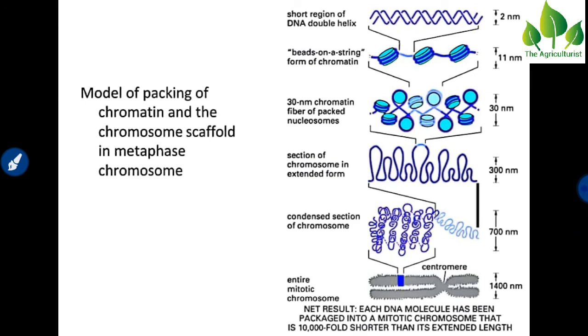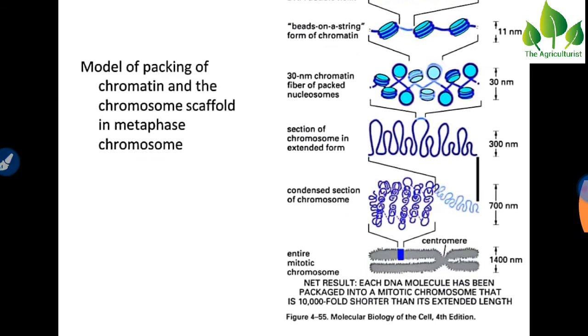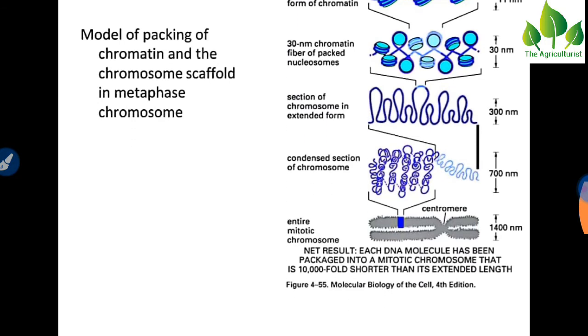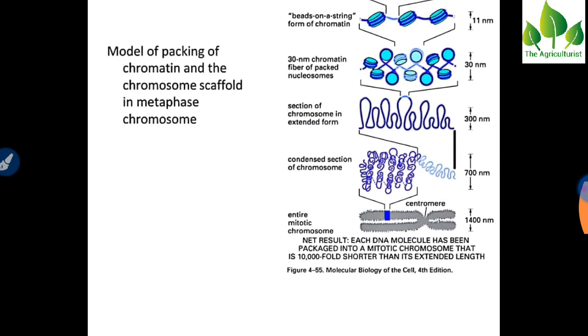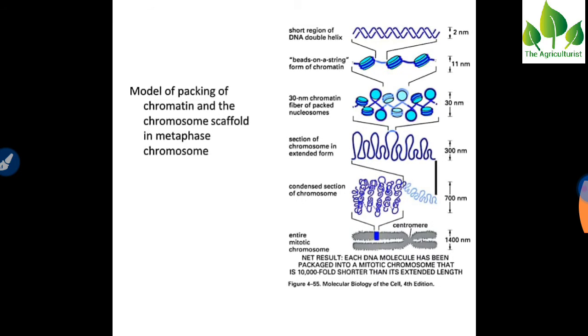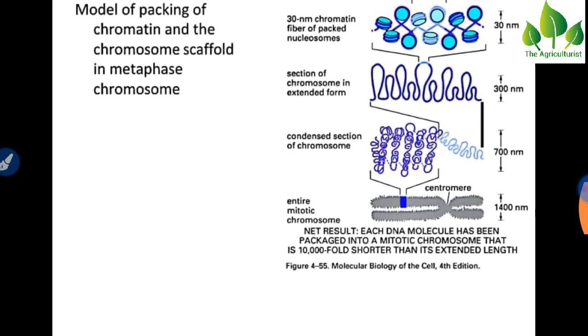Now this is the model of packing of chromatin and the chromosome scaffold in the metaphase chromosome. This is how the entire DNA is packed in a single chromosome. If we take the entire mitotic chromosome and take a small part, it is a condensed section of chromosome.